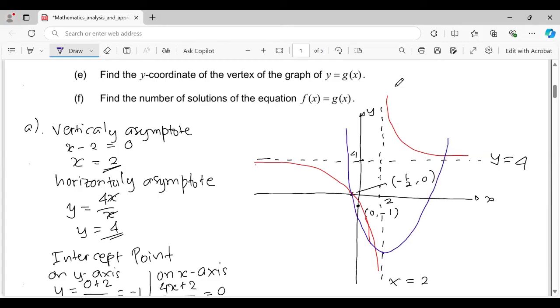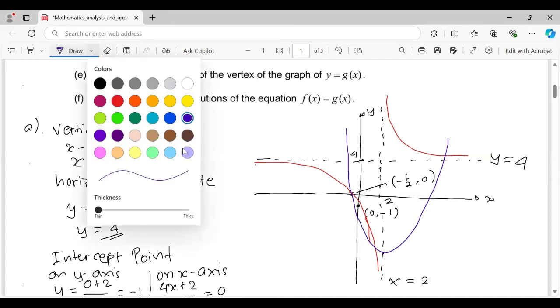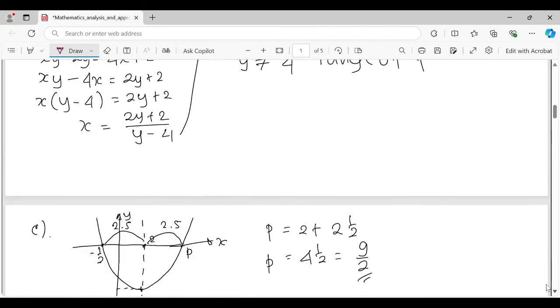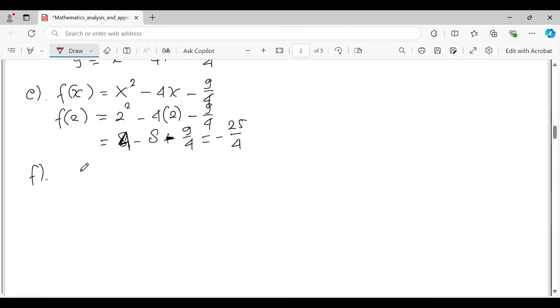Okay, now I'm going to show you the number of solutions. If fx equals gx, the number of solutions: 1, 2, the intersection between fx and gx, 1, 2, 3. So there are 3 solutions.